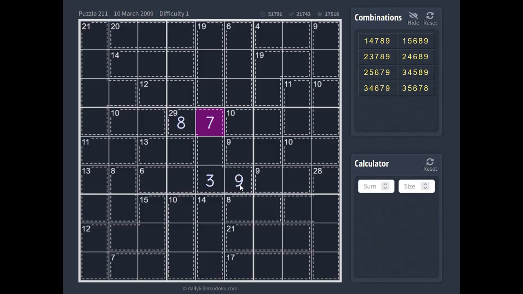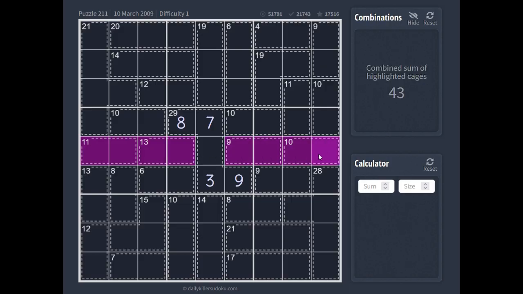Now we could calculate if we want, but it's going to be more fun if we notice that these 2 cages and these 2 cages are all in the same row, but exclude this one cell. So these 2 and those 2 sum up to 43.